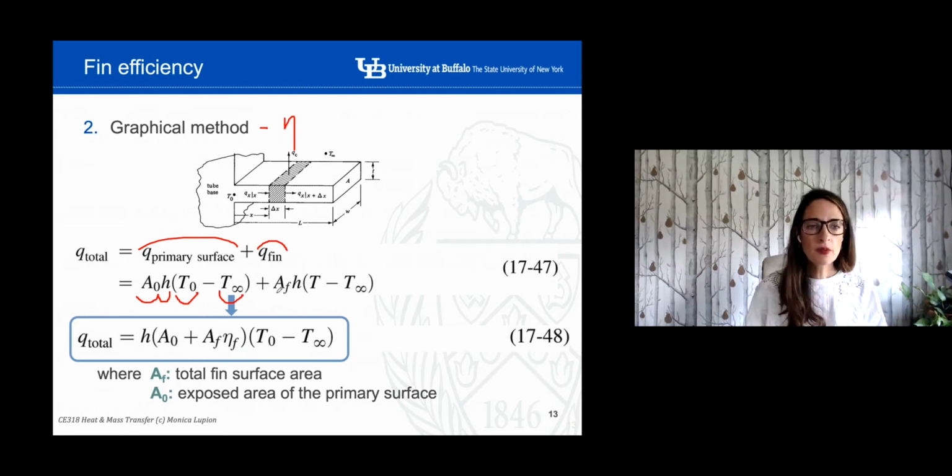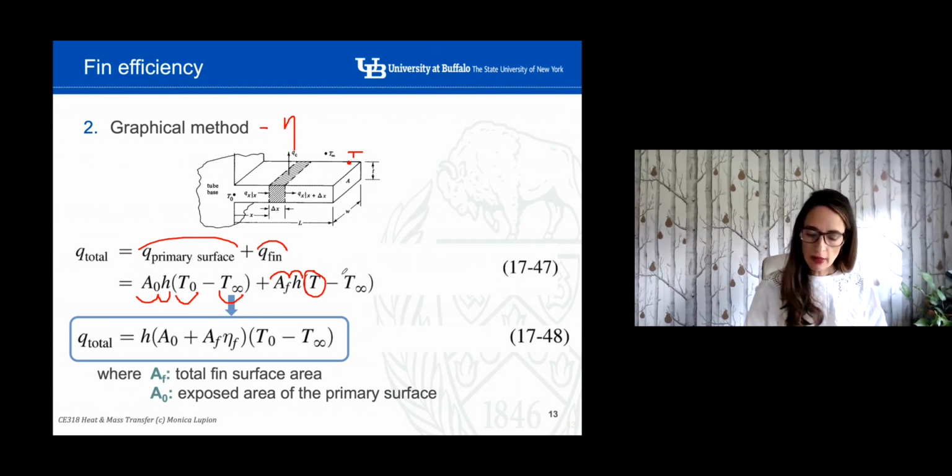For the fin, we have the area of the fin, the convective heat transfer coefficient h, which for simplification we can assume is the same in both cases, and delta T. But now delta T is not T0, it is the temperature over the surface, for example, at this point. So we don't know the value of T, and I mentioned a few minutes ago that it's very tricky to get the value of this temperature.